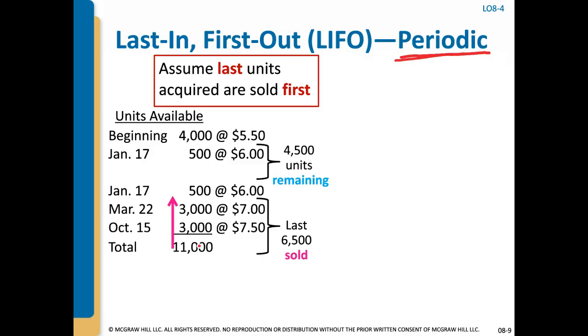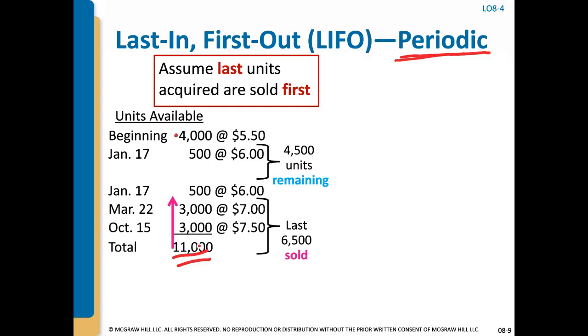So for this example, we're doing our LIFO calculation at the end of the year. This is the information that we are given of what occurred during the year. Here are all of our units that we acquired. We acquired 11,000 units.